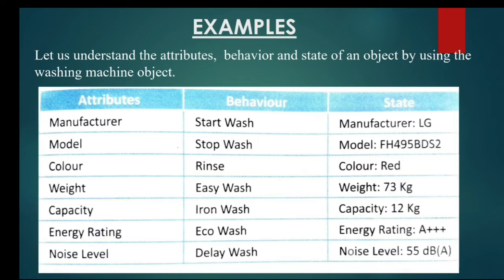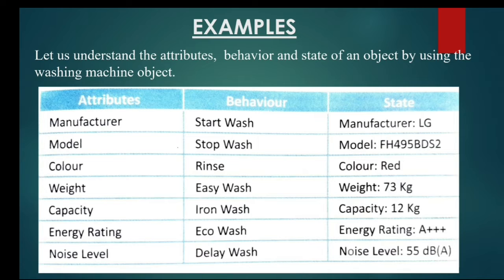These characteristics are called attributes. Before going to buy a washing machine, everybody should check these characteristics. That's why in the object oriented language, these characteristics are called attributes.